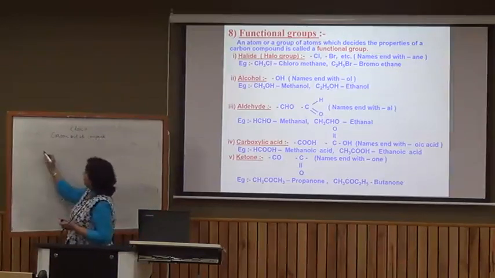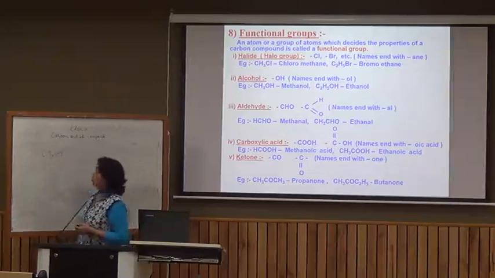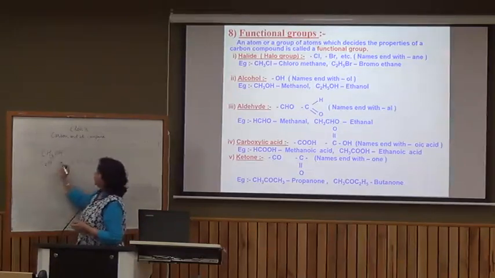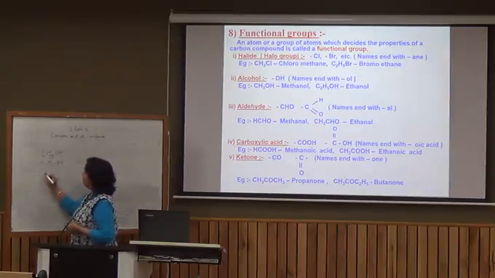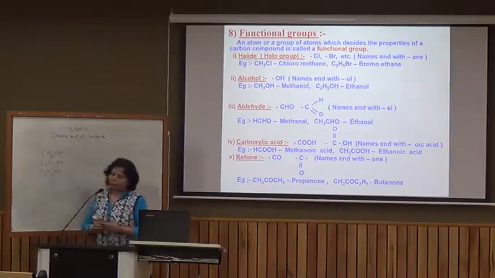So methane, and from methane 1 hydrogen atom has been replaced by OH group. Then the name will be methanol, then is ethanol, then will be propanol, and so on and so forth. Right?